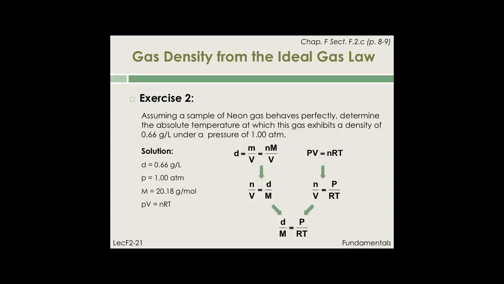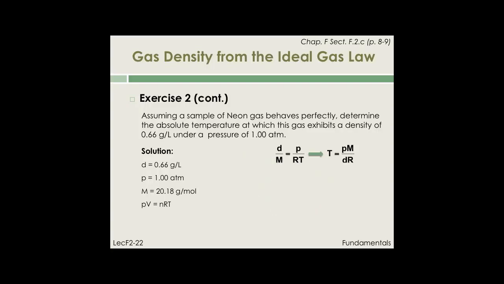We have thus obtained an expression relating the gas density, its molar mass, its pressure and temperature, and the gas constant. This equation can be rewritten as T equals P times M divided by D times R.